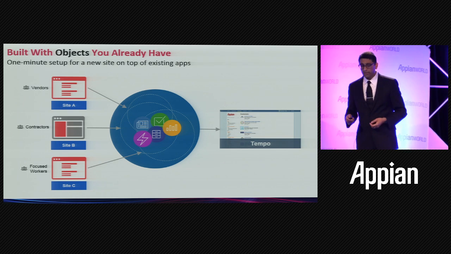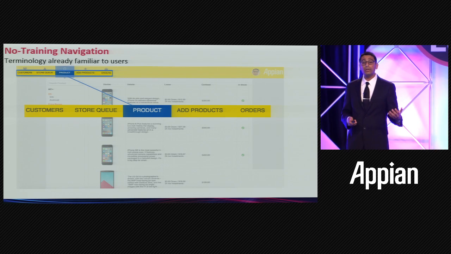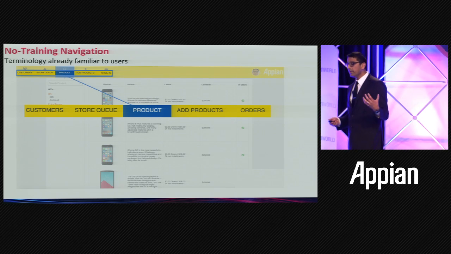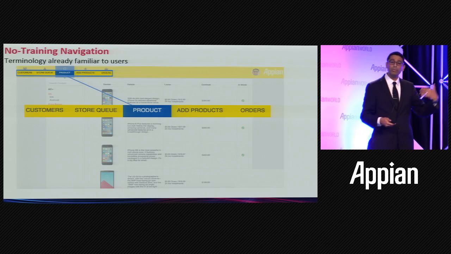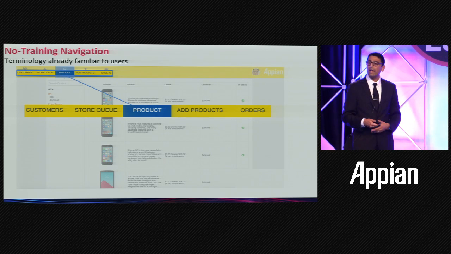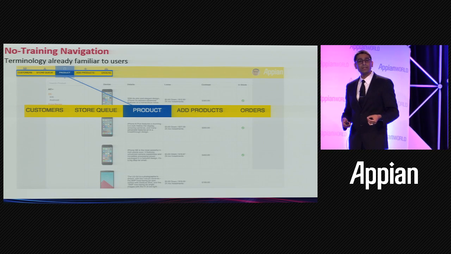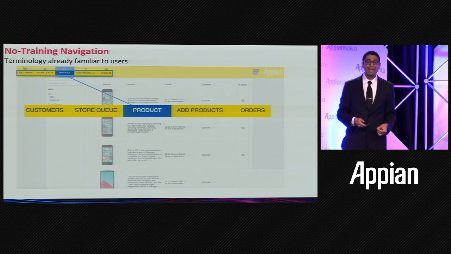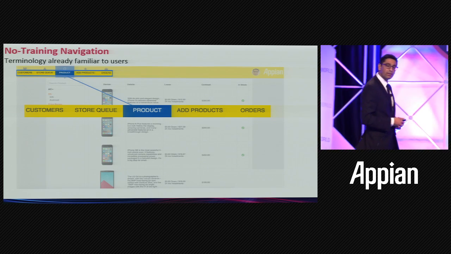Now, the second part of my easy was an easy experience for your users. Every user has a mental model when they interact with an application. They learn over a period of time how to interact with that application. We have made it possible with Sites that a designer can go in today and map it to your user's mental model. It's no longer restrictive.